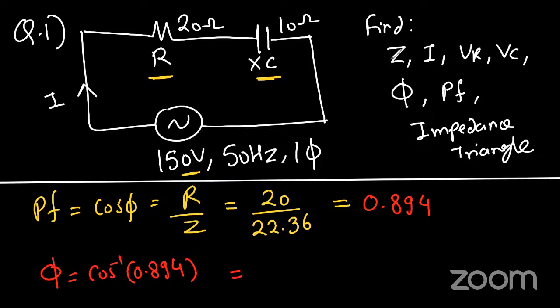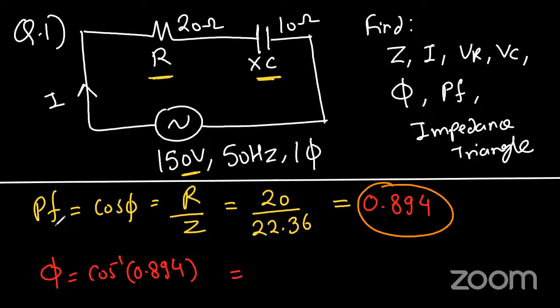Angle कितना आएगा? अगर मैंने cos inverse लिया तो यहाँ पे angle कितना आएगा? Just tell me what is angle? 27.12. Take 0.894. Okay, exact है. Take 0.894. Yeah, 26.619.